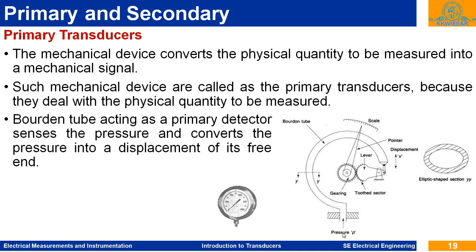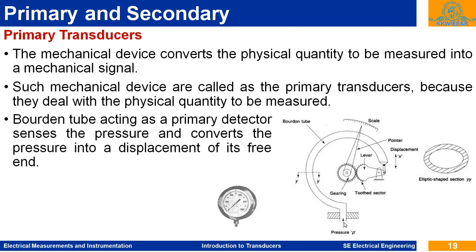Here the hydraulic liquid or the air enters into this closed Bourdon tube. This is elliptic in shape. At one end the liquid or air is inserted, where we have to measure the quantity.